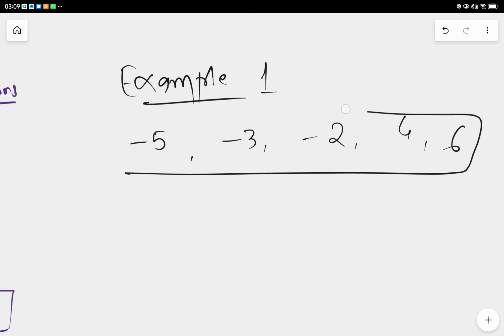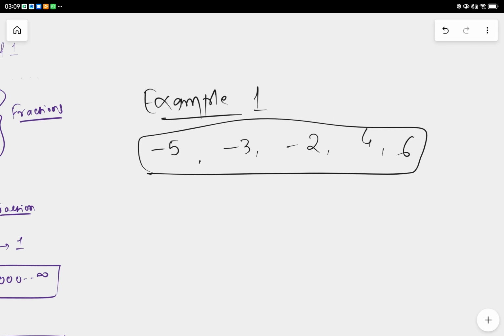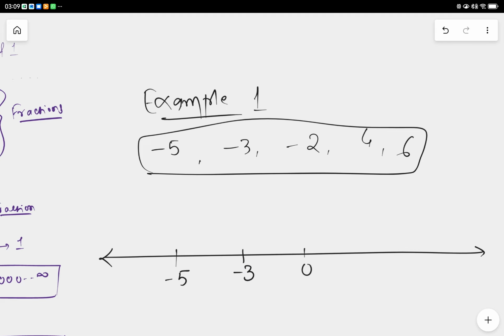You have to determine which is the smallest number and which is the largest number. In your head, try to make a number line and map these numbers. In my head it is 0. Somewhere here it will be -5, somewhere here -3, somewhere here -2, and here it is 4 and here it is 6.